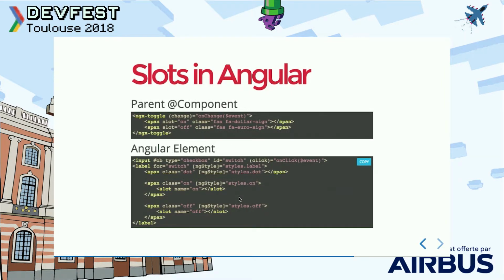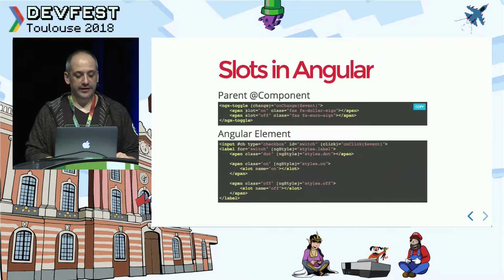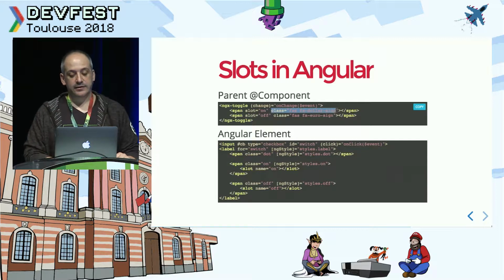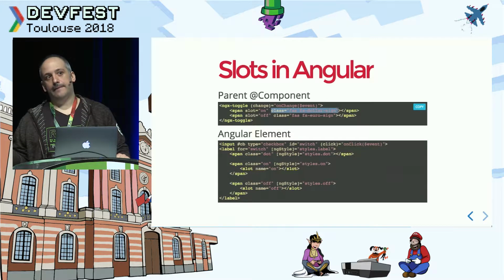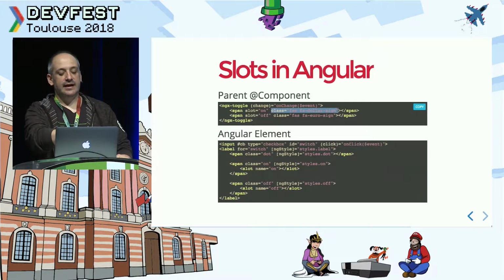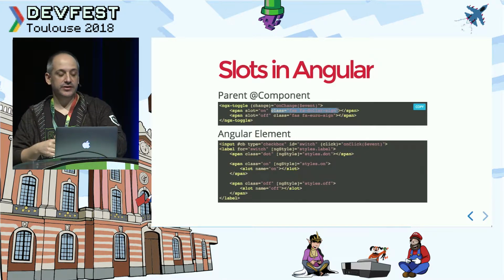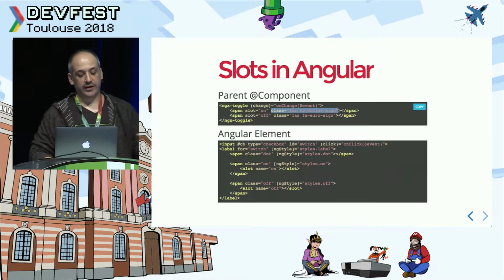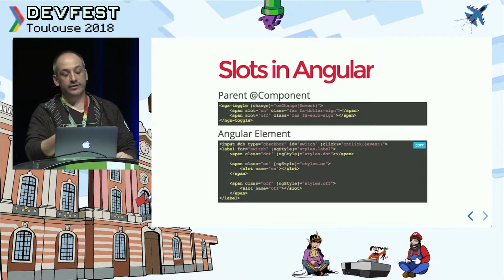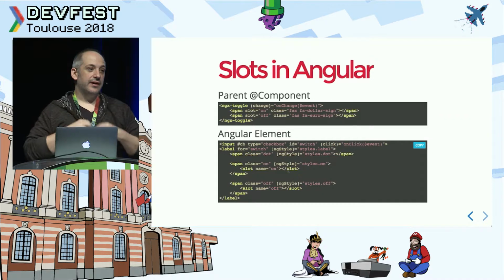So for example, in our toggle component, we'll have our ngx-toggle with this slot on and slot off. And we can, for example, place a class, not a text inside of it, but a class, and that will create a before. And that before is going to be projected to the Angular element that is inside.